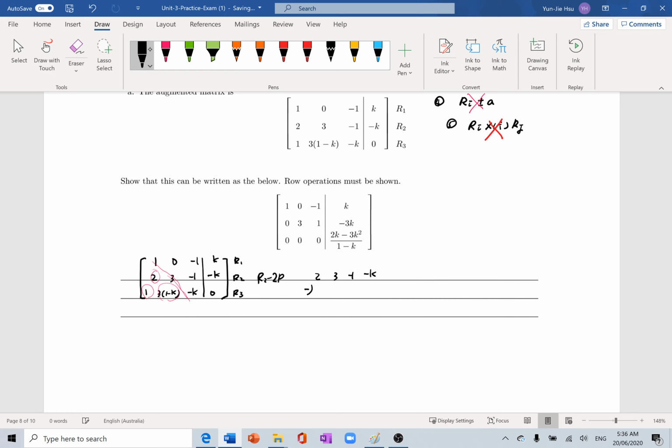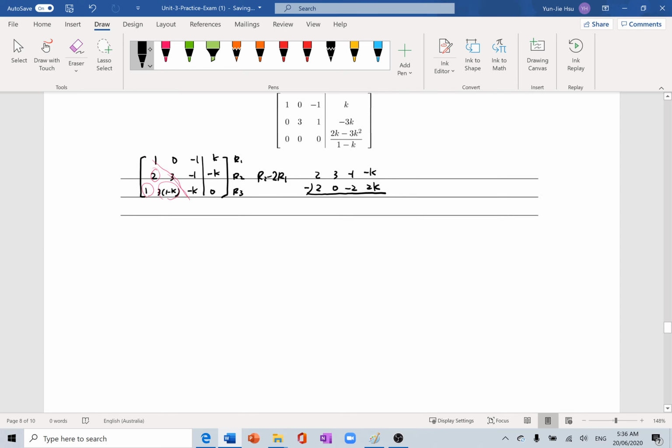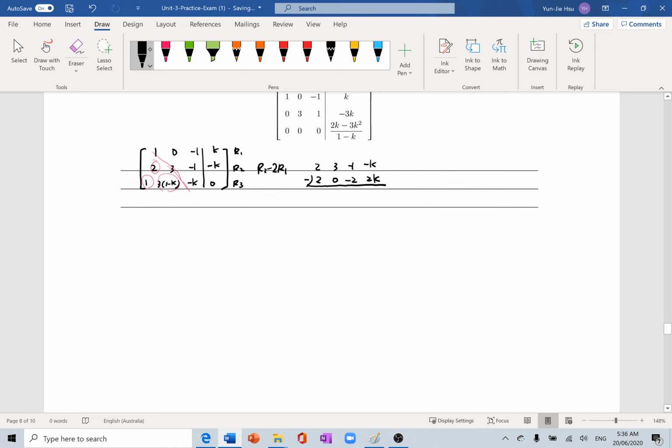We make row 1 times 2. Write down here 2, 0, negative 2, 2k. Okay, you can do it. 2 minus 2 is 0, 3 minus 0 is 3, negative 1 minus negative 2 becomes negative 1 plus 2 is 1.